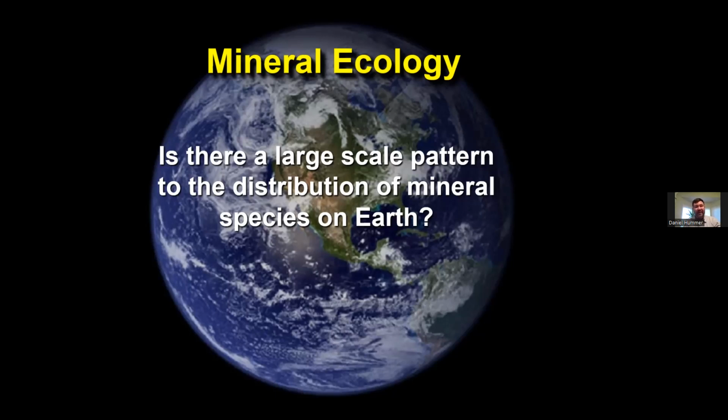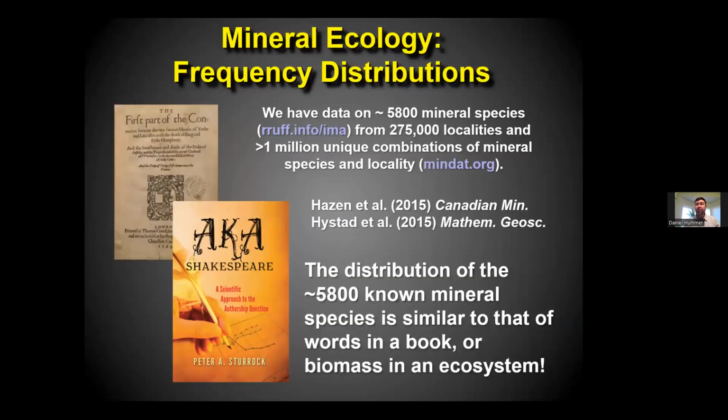So one of the first things that happened during our studies is that we tried to work out, is there a large-scale distribution in just the number of times that different mineral species occur on Earth? And it turns out that there is. If you look at the species frequency distribution of minerals, we can use these data sets, for example, these 275,000 different localities that are on MINDAT, and you can use them to tally up how often does each mineral occur.